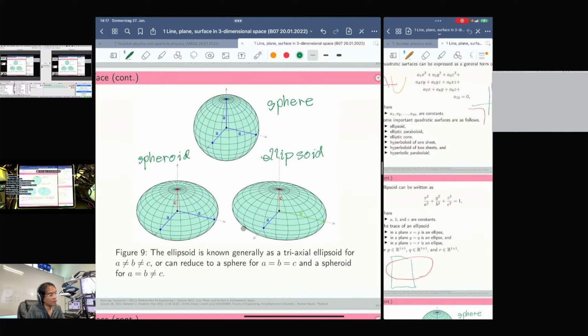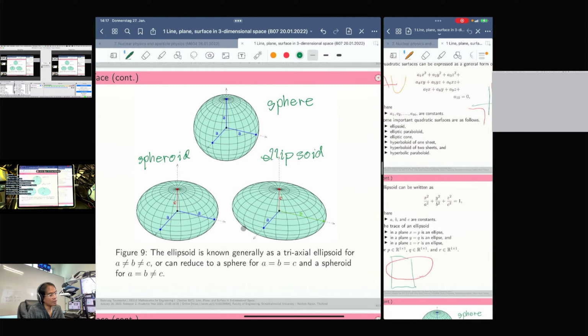Once we say XY plane, it means z equal to 0. XZ plane is over here.